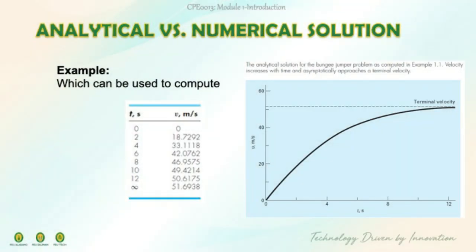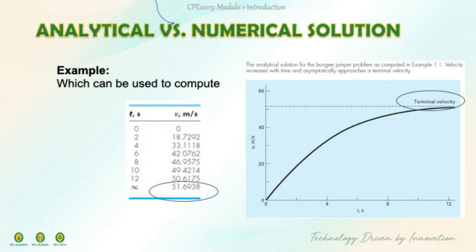According to the model, the jumper accelerates rapidly. A velocity of 49.4214 meters per second is attained after 10 seconds. Note also that after a sufficiently long time, a constant velocity called the terminal velocity of 51.6983 meters per second is reached.